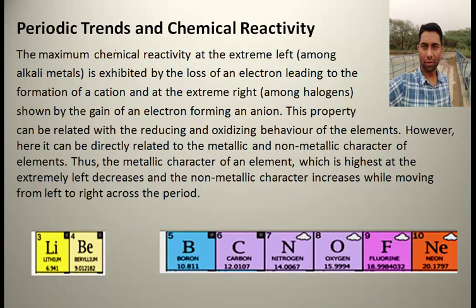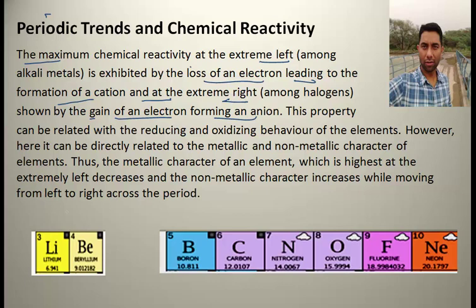The maximum chemical reactivity at the extreme left, towards alkali metals, is exhibited by the loss of an electron, leading to the formation of a cation. At the extreme right among halogens, it is shown by electron gain, so forming an anion. So both these can be related.